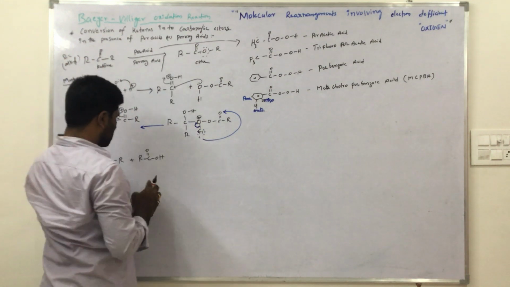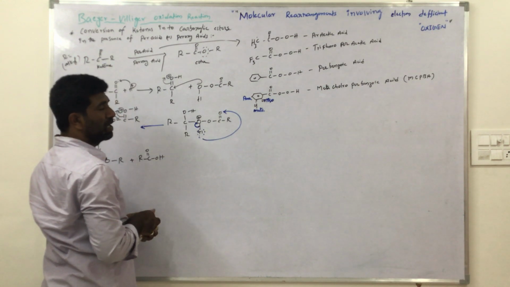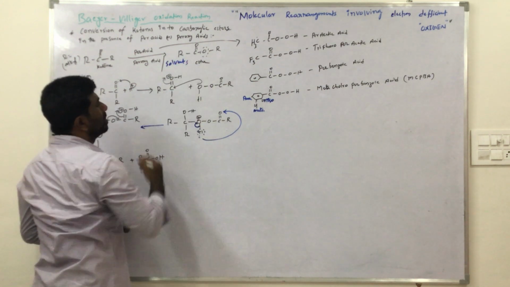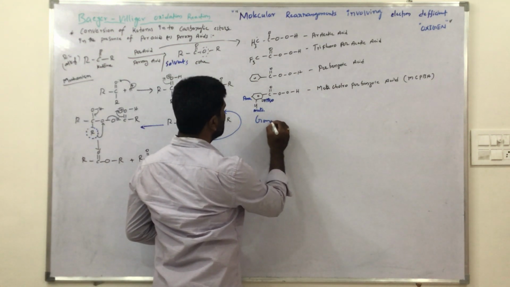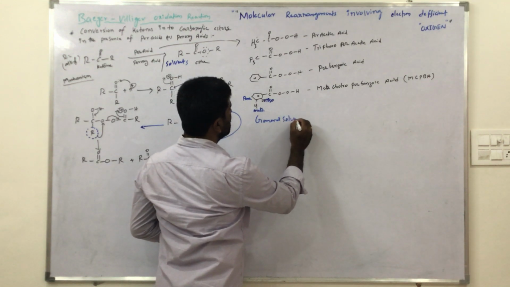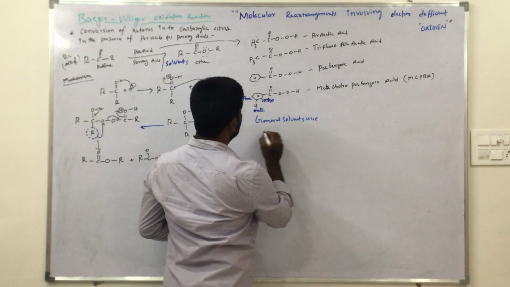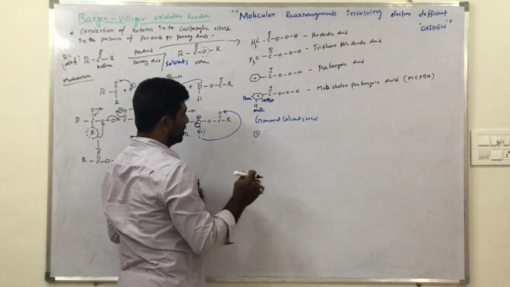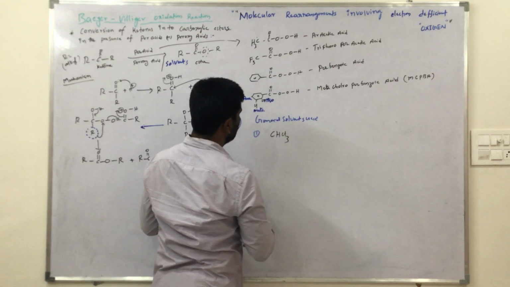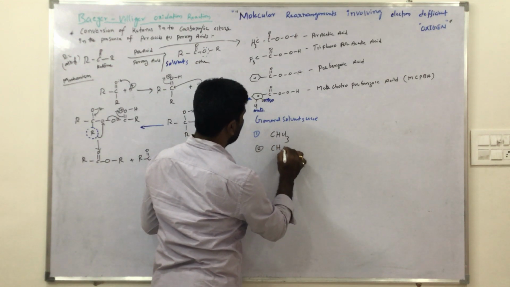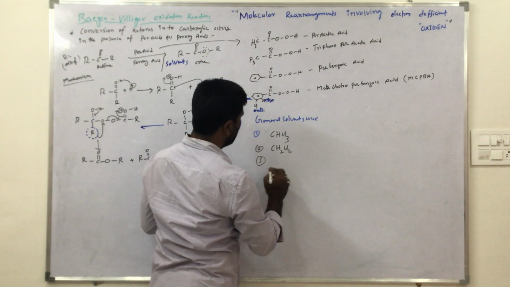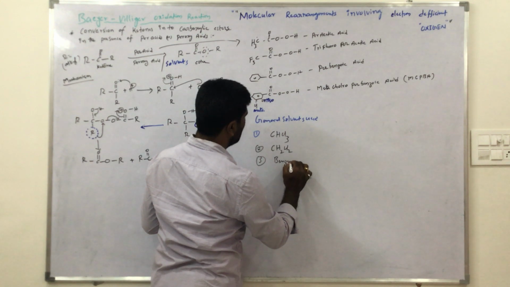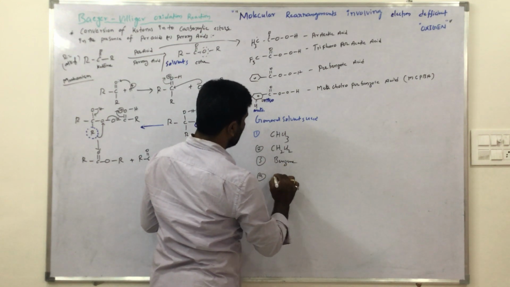Now here the starting material is converted into product in the presence of peracid or peroxyacid, and also using solvents. Without solvent we can't do any reaction. The general solvents used are CHCl3, second CH2Cl2, third benzene, and fourth acetic acid.